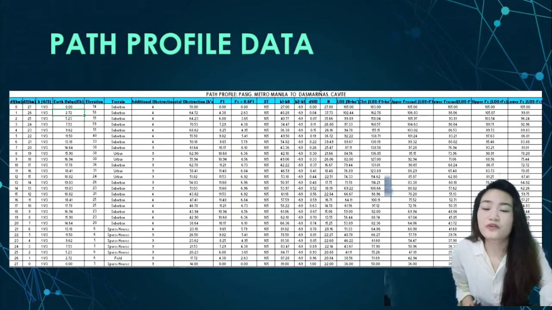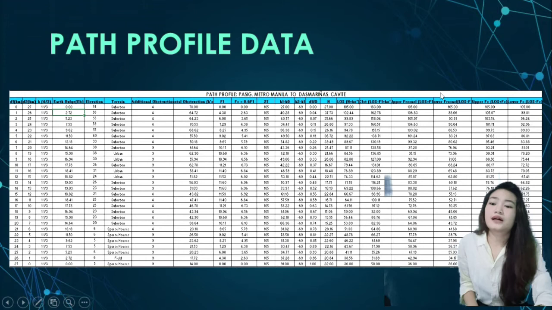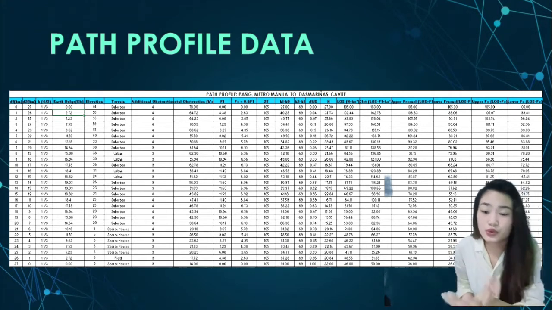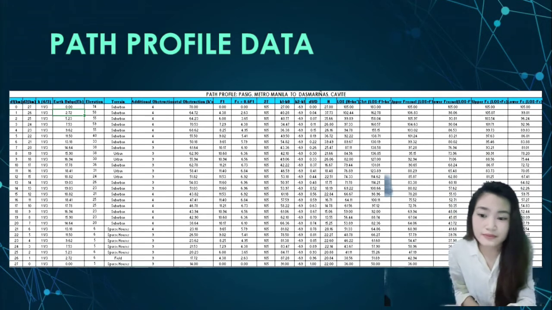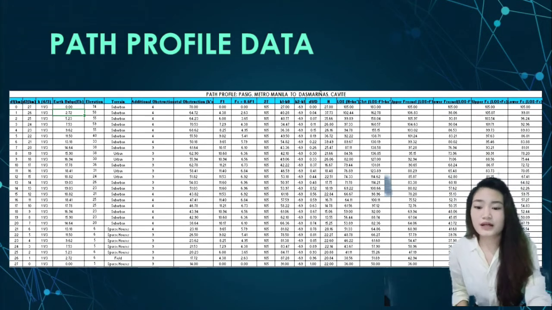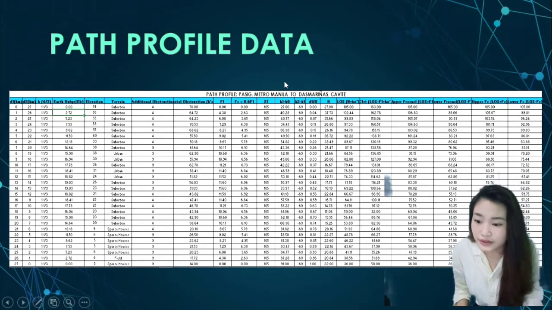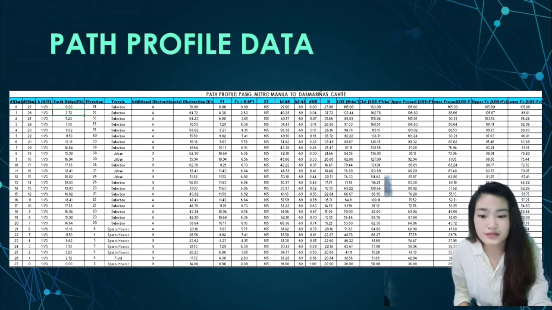But the path profile data, based on the formulas and equations that we have seen before, this is the data, the information that I gathered based on those formulas.